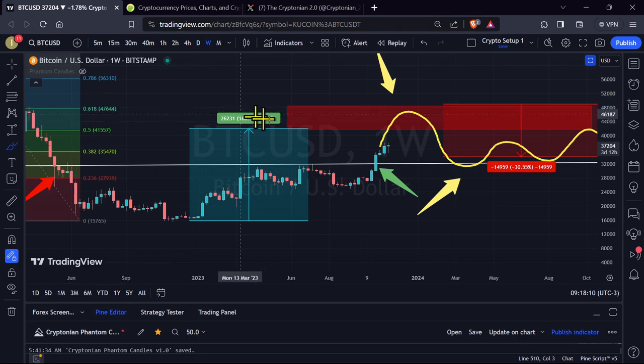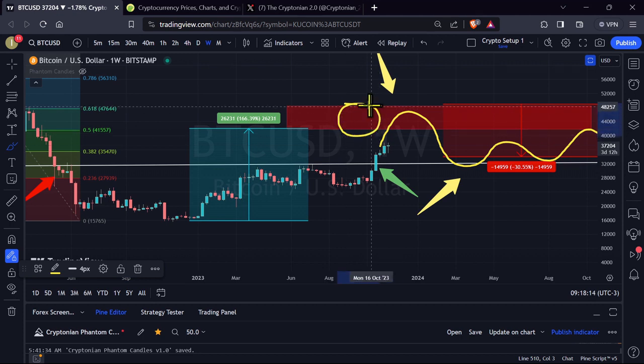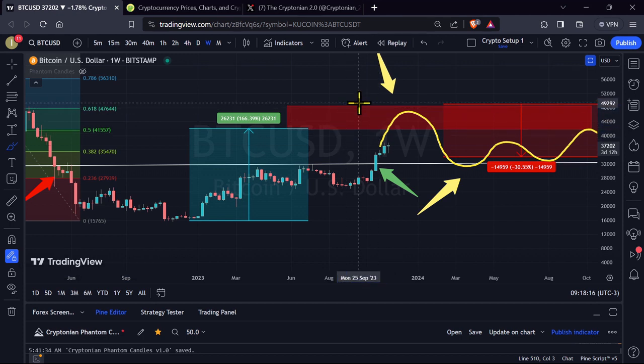And you can see I identified that level with a red box here. So typically what happens is we go up into that red box, and then we get rejected, and we then experience anywhere from a 30% to a 60% correction.